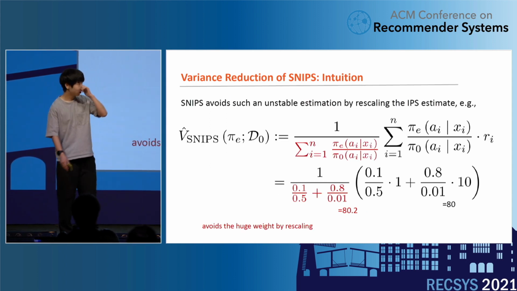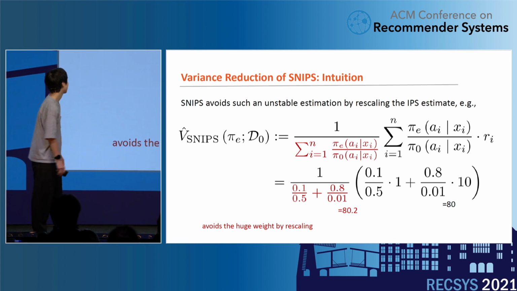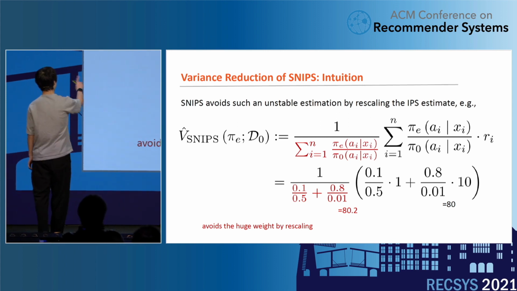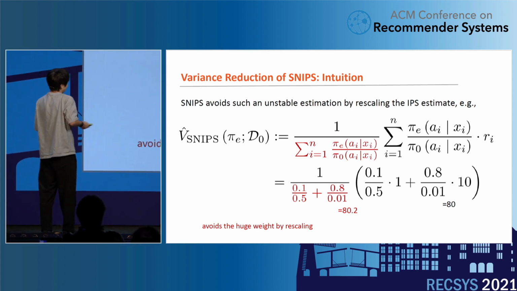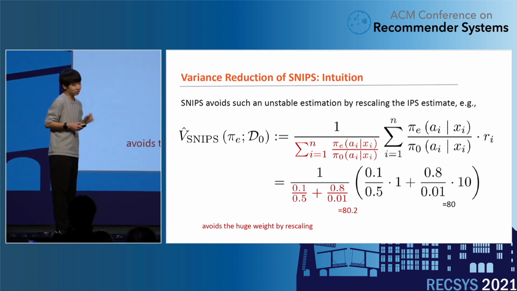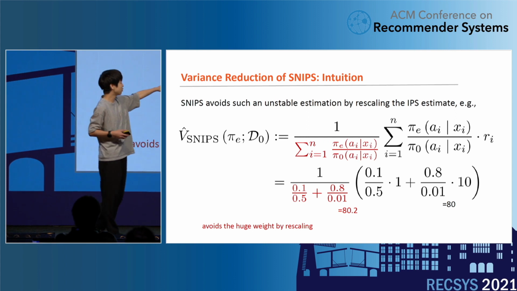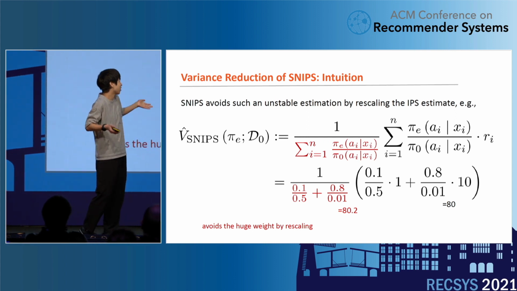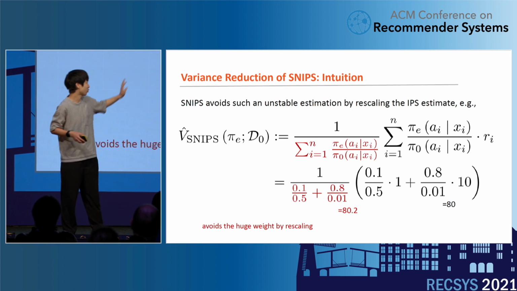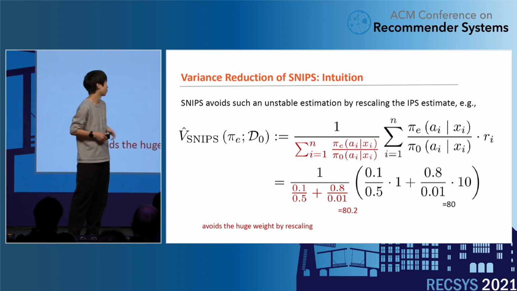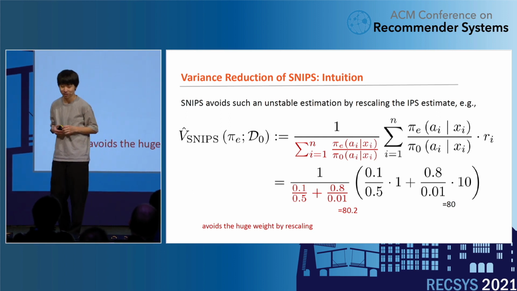And here's how the SnipIPS estimator works. Again, this estimator doesn't use 1 over n, the typical notation. It uses 1 over the sum of importance weights. So we still see the huge importance weight in the numerator. It doesn't cut off or clip the importance weight. So we see the 80, right? 0.8 over 0.01 in the numerator.